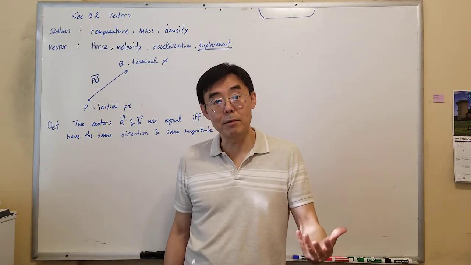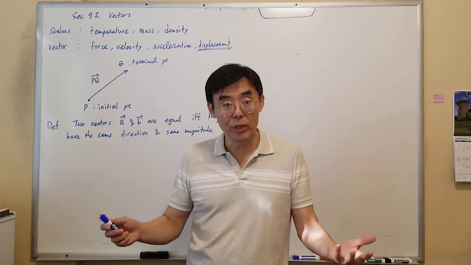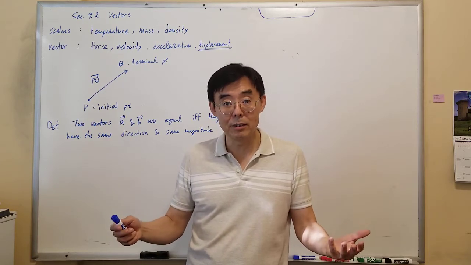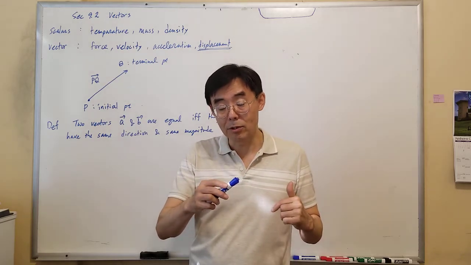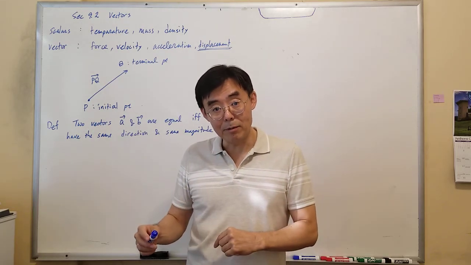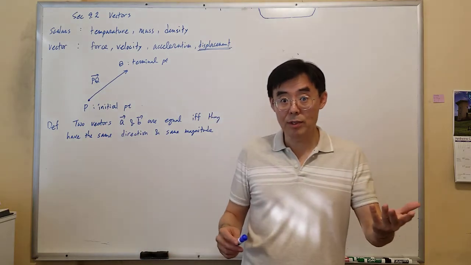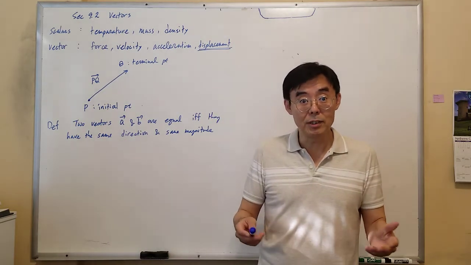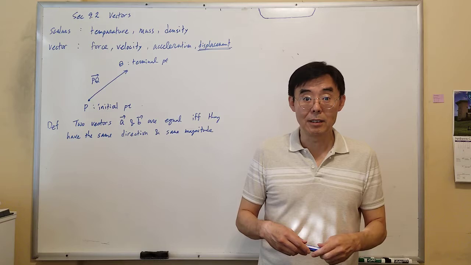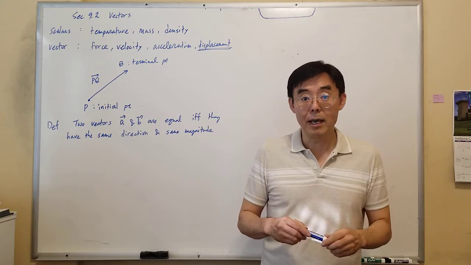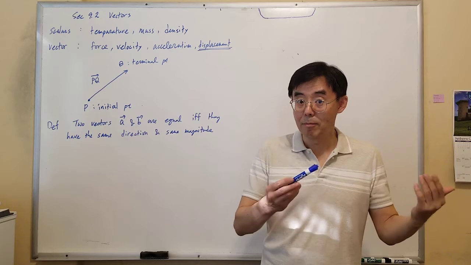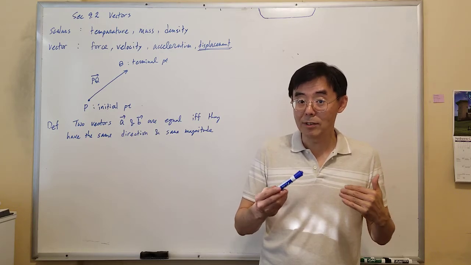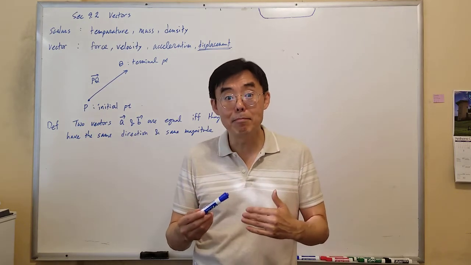Now what would you say about two wind velocities in two different cities? Both from the northwest, both of them 10 miles per hour. You would say the two cities had the same wind velocity at 8 a.m. today, right? Because both wind velocities have the same direction and same magnitude.